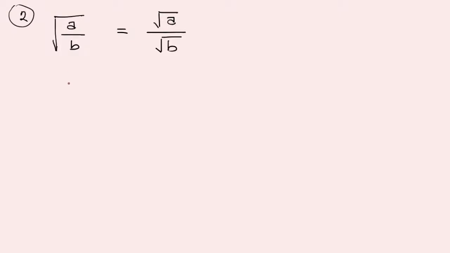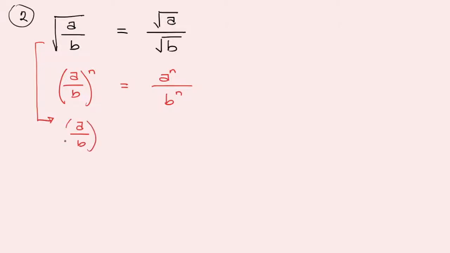Now we're going to be proving this using the law of indices as well, that says that (a over b) all raised to the power n is equal to a raised to the power n over b raised to the power n. So if we apply that here, we have (a over b) raised to the power half, and that goes without saying that this is equal to a raised to the power half over b raised to the power half, and this is equal to the square root of a over the square root of b.